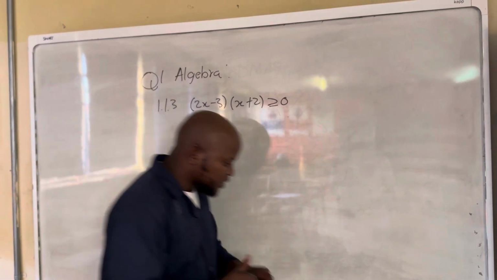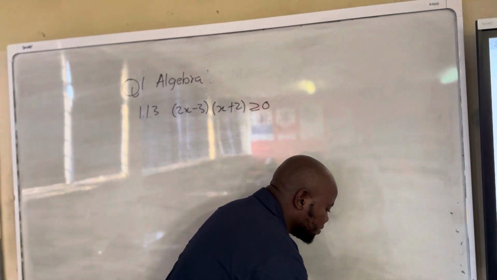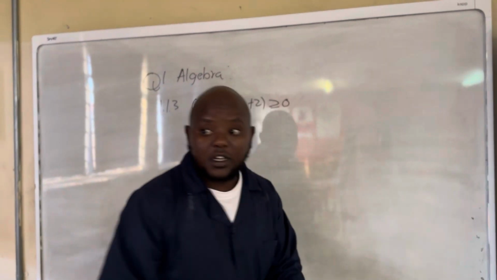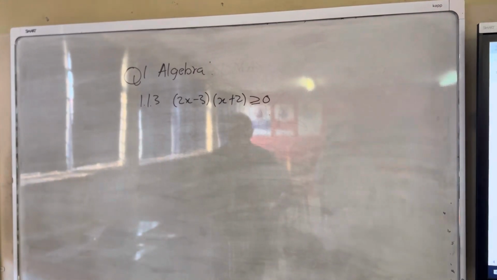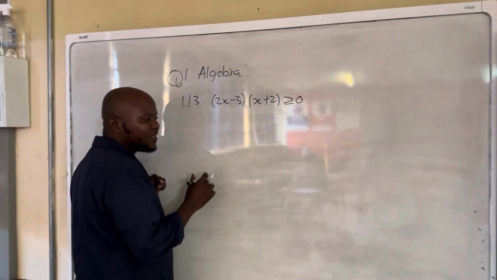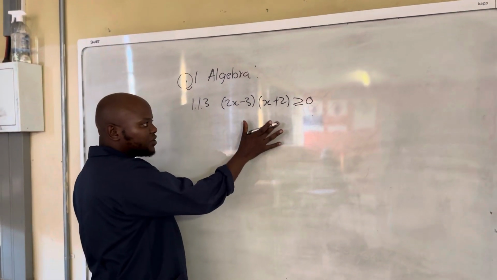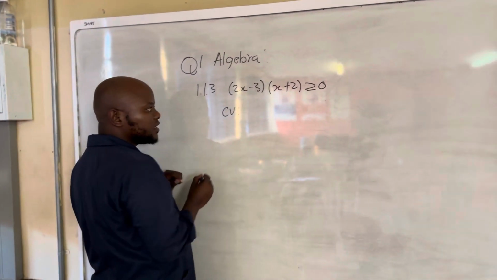We're just going to apply what we call the zero factor rule. Before we apply the zero factor rule, we need critical values.